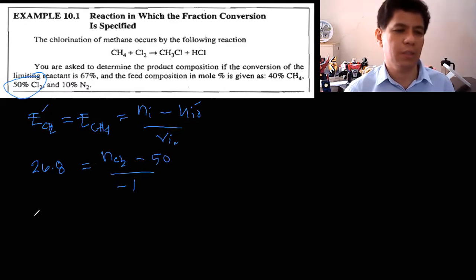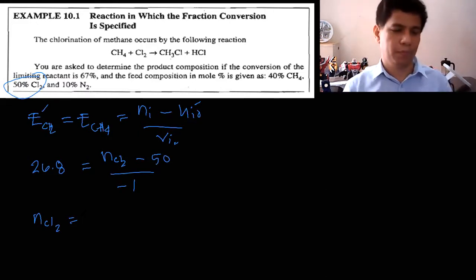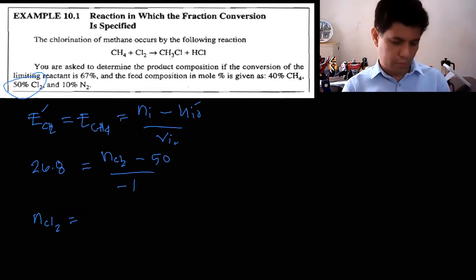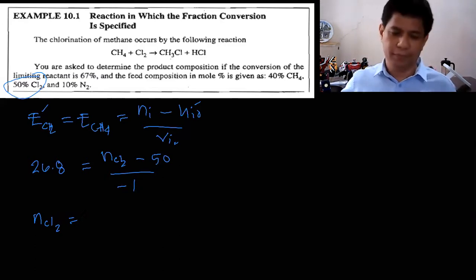So as you can see, you'll be able to get NCl2 equal to 23.2. Okay, that's correct.